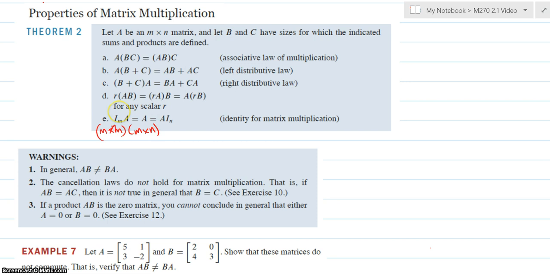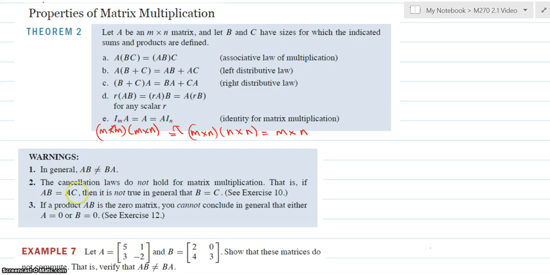It would still be A. And the other way around, A is m by n and the identity is n by n, so it's still an m by n, both of them. So you have to be careful, if you're on the left, what the size of your identity is, but besides that, the identity times A will always equal A.